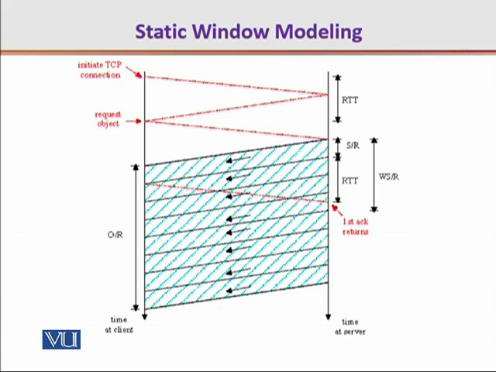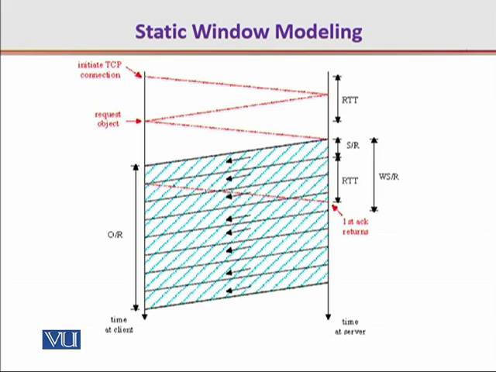If TCP were used to establish a logical connection between the client and the server, handshaking is required. That is what we see here, a three-way handshake. And in the third handshake, the object is also requested. You can see here that the round trip time comprises the sending and receiving of packets.